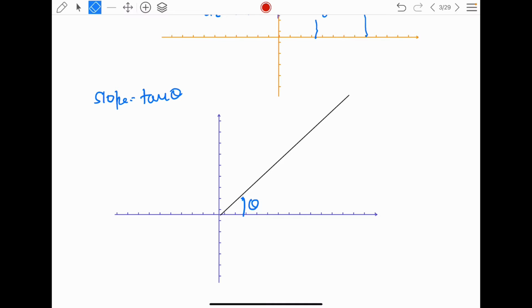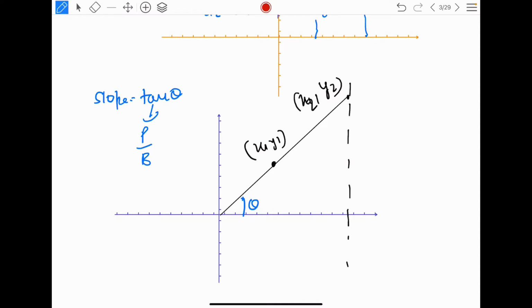What is tan theta? Tan theta is perpendicular upon base. So let's draw a perpendicular from this line because we have to find the tan theta. Now I take 2 points, x2 y2, and this point x1 y1.